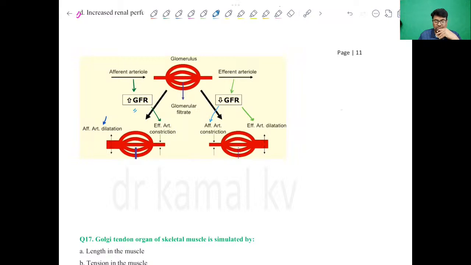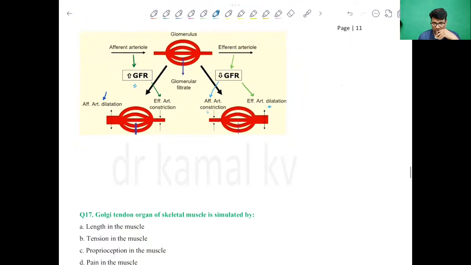Similarly, GFR will decrease if there is afferent arteriolar constriction, so that less blood will reach the glomerular capillaries, or there is efferent arteriolar dilatation, so that enough blood will leave the glomerular capillaries, right? If you just remember this basic concept, there is no point in making the answer wrong here.